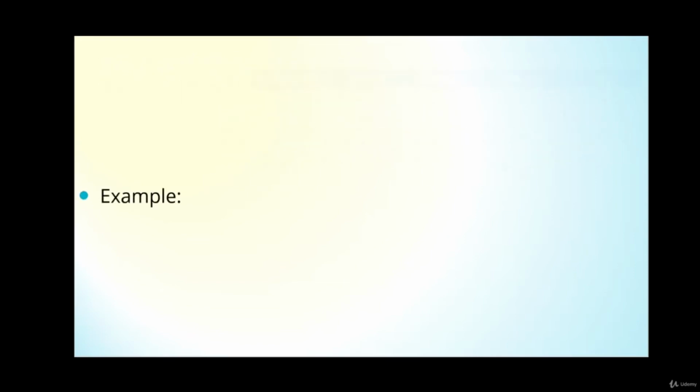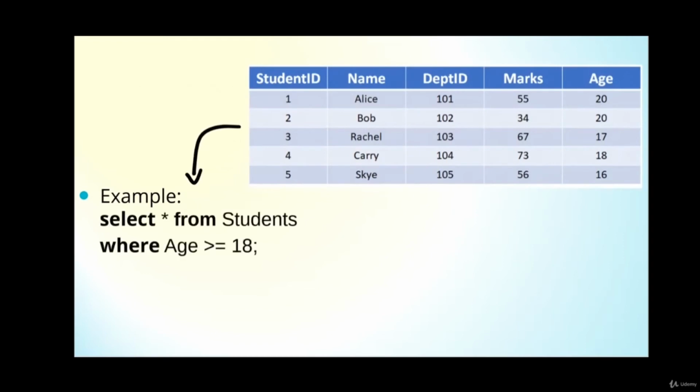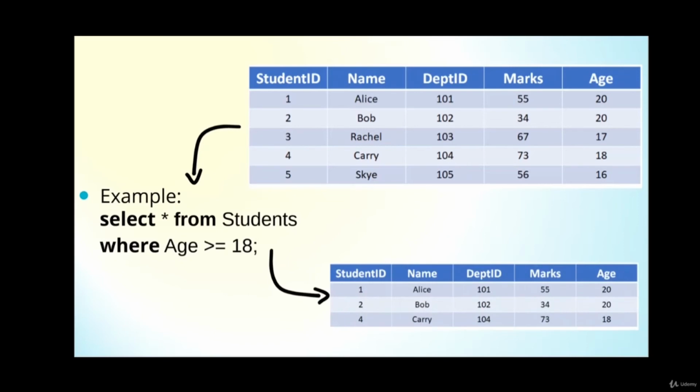For example, from this table, if we want to select the details of those students who have age greater than or equal to 18, we'll write the query as select star from students where age is greater than or equal to 18. So it will display the output, which will have details of Alice, Bob and Carrie since they have age greater than or equal to 18. In this table, details of Carrie will also be displayed since his age is 18.